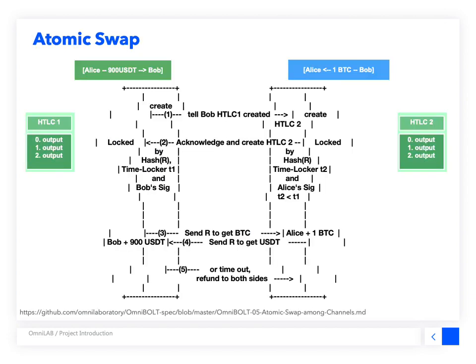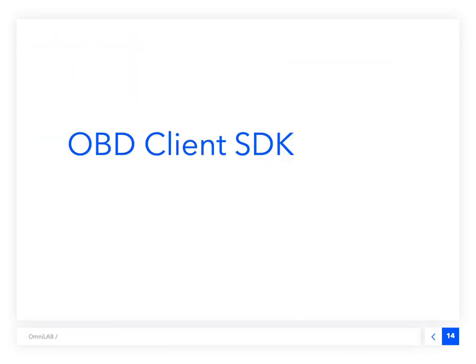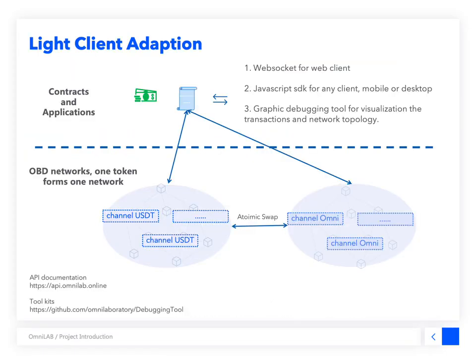This is the atomic swap architecture among channels. For details, you can check our repository on our GitHub. The application developer will still work with the Lnd gRPC server, hence no extraneous dependency is brought into your tech stack.